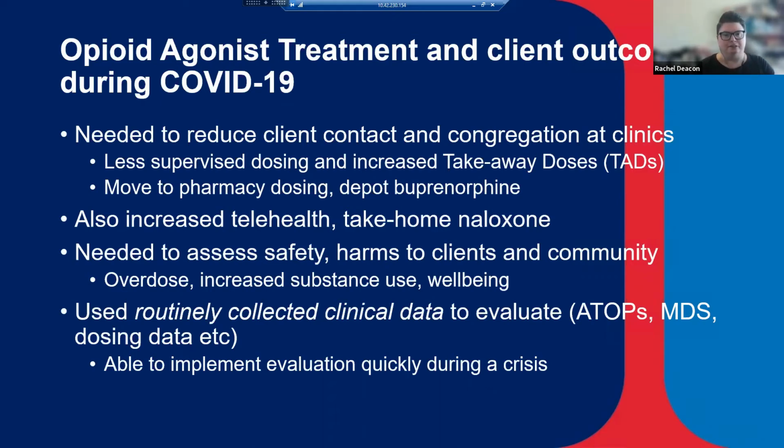Traditionally in New South Wales, opioid treatment services dose clients daily at central clinics. So there's lots of congregation of clients at clinics. But with the risk of COVID and the infectiousness of it, there was an urgent need to reduce client contact with clinicians in order to protect clinicians as well as staff.